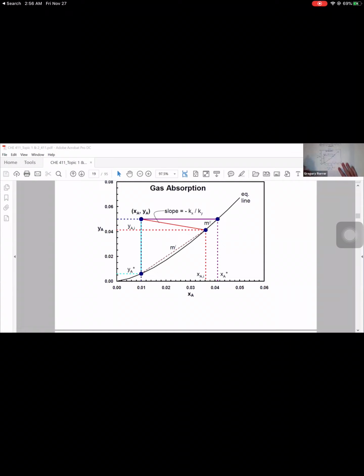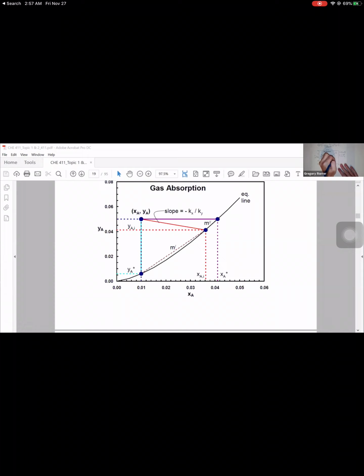So what we defined at the end of class last time was that N sub A is going to equal big KY times (YA minus YA star). But the big KY is really the reciprocal sum of the gas film and of the liquid film, where the liquid film is moderated by the local equilibrium given right here by M prime.